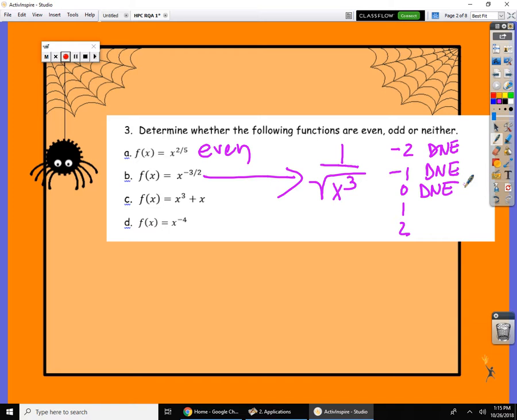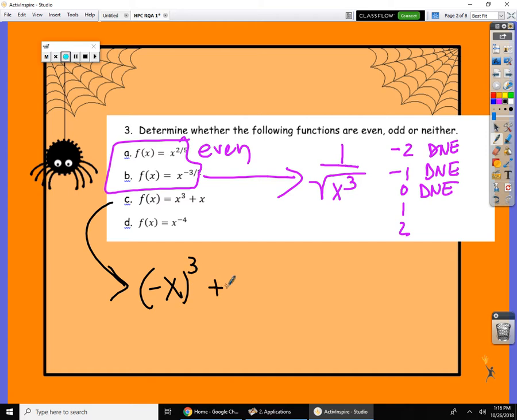Okay. All right. Now, this one, I'm going to just do the simple tests, okay? I tell you, whenever it has a fraction power, do the table test, okay? Fraction power, table test, yes? If it's a traditional one, I saw this in Algebra 1, we're going to do it the traditional way. So -x cubed plus -x, yes?